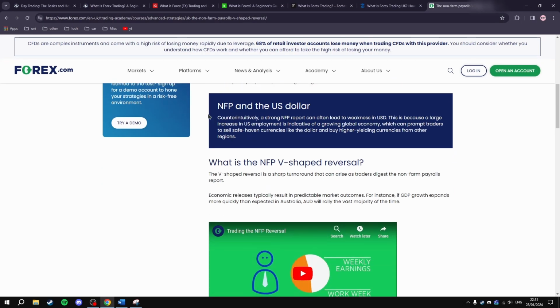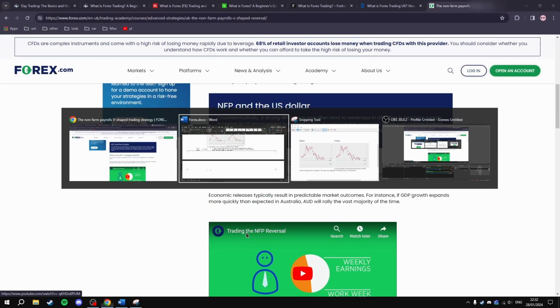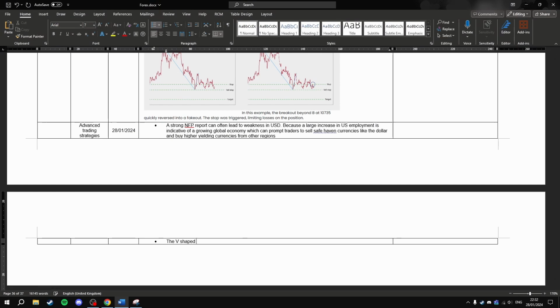What is the NFP V-shaped reversal? The V-shaped reversal is a sharp turnaround that can arise as traders digest the non-farm payrolls reports. So, do that.